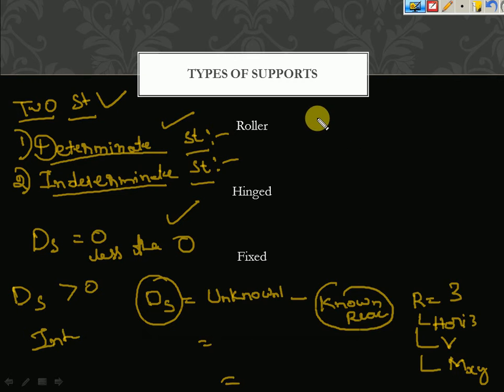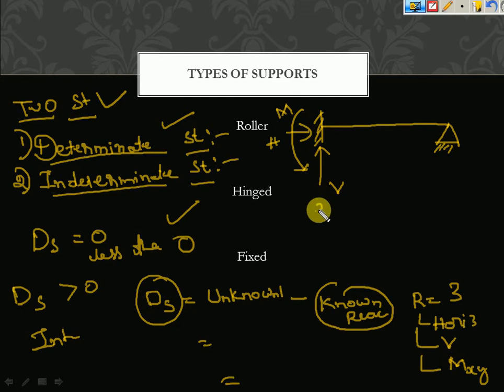Fine, let us take one more example, where one end is fixed and the other end is hinged. The total number of reactions: I told you in the fixed support there is one vertical, one horizontal, and one moment, so 3, and in the hinge it is 2, one vertical and one horizontal.